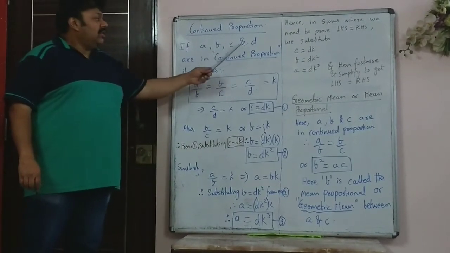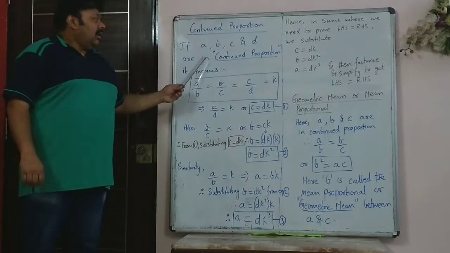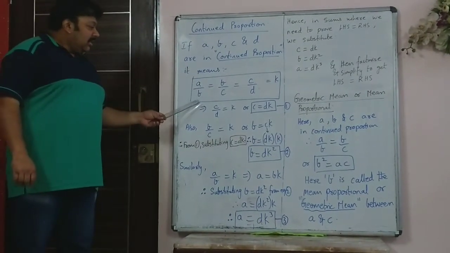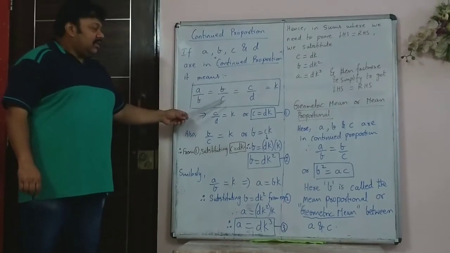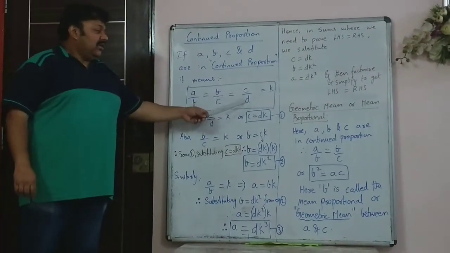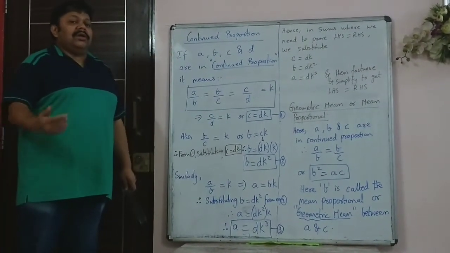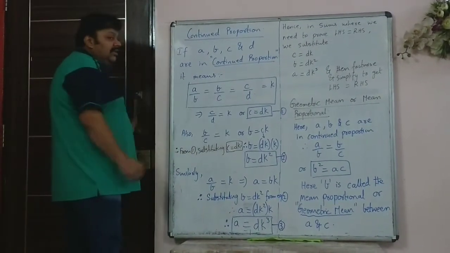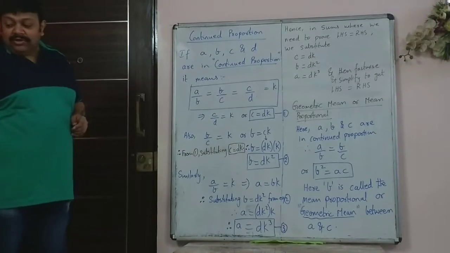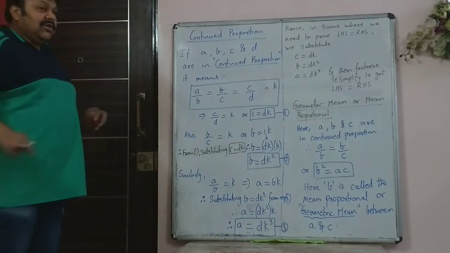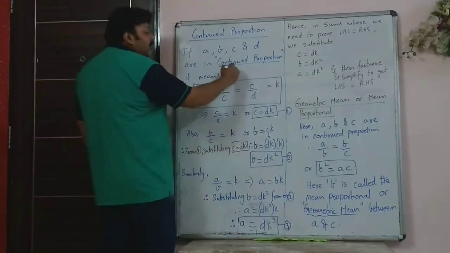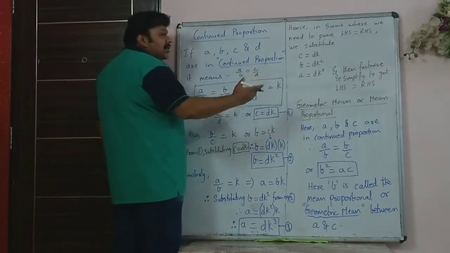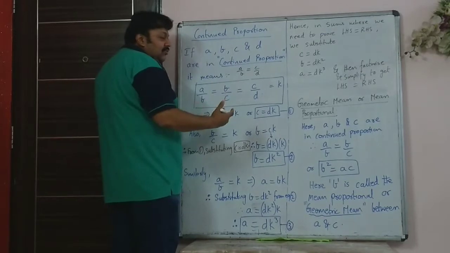If A, B, C and D are in continued proportion, it means A upon B is B upon C is equal to C upon D, and that we can take as K. So now here see the difference between continued proportion and just proportion. If it was just proportion, you would have written it as A upon B is C upon D, and that is equal to K. That is what you wrote in the last frame.